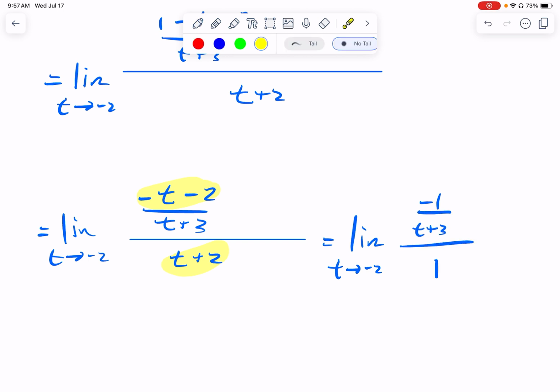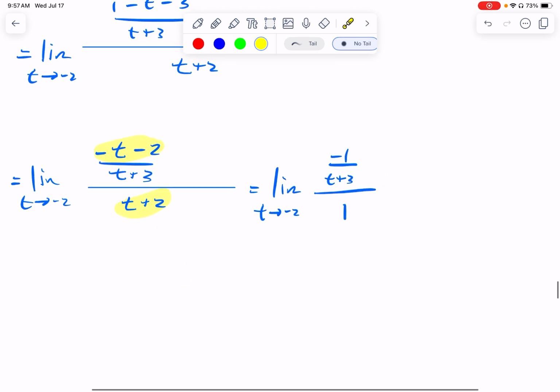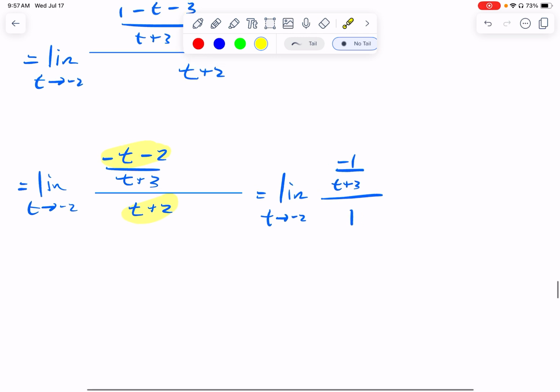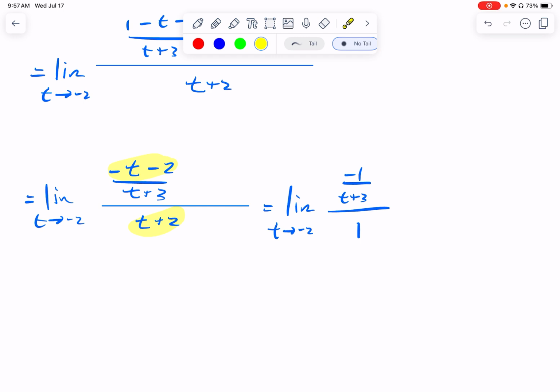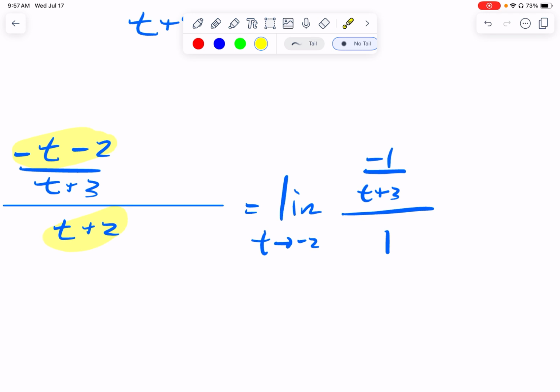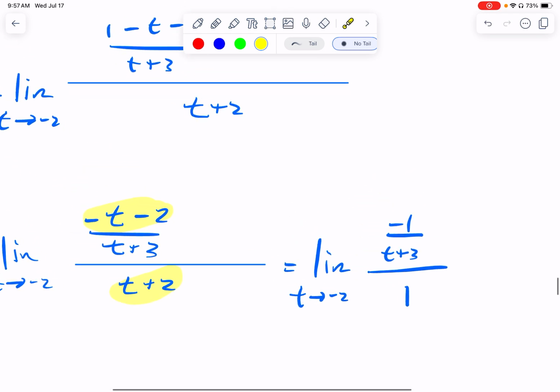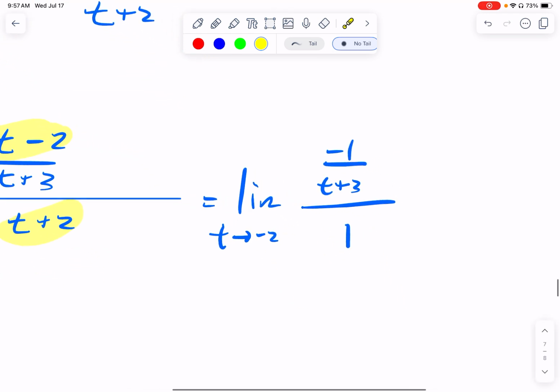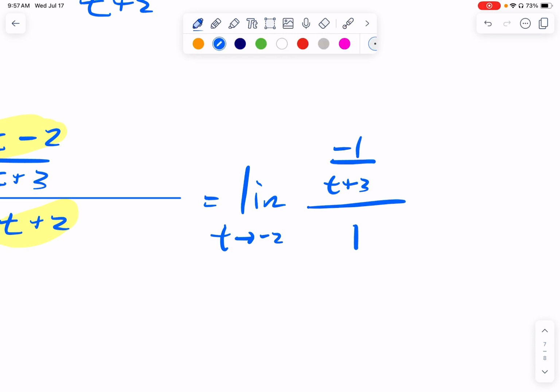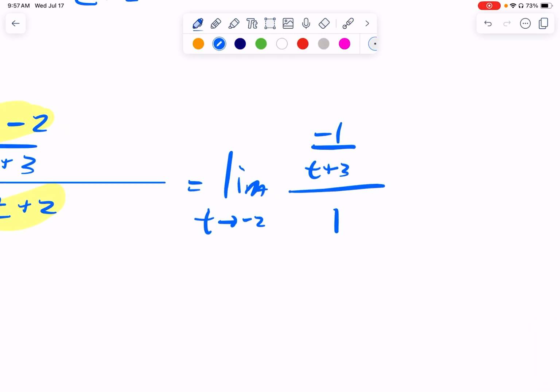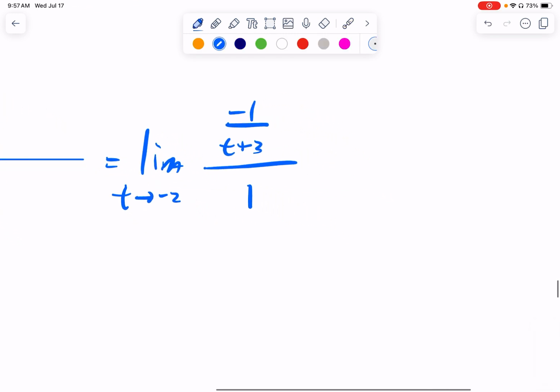So basically I could cancel this down to -1 and this down to 1, or vice versa. And now we can plug in. I may have misspoken about, we did do this one before. I think I confused the answer. So this one, I think we actually got a nice answer. Sorry about that.